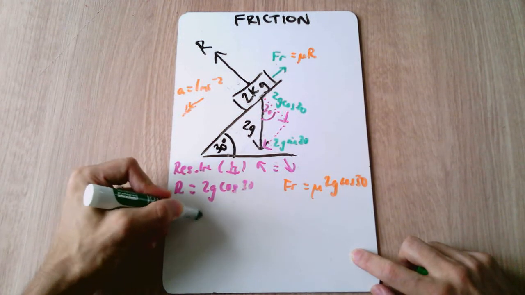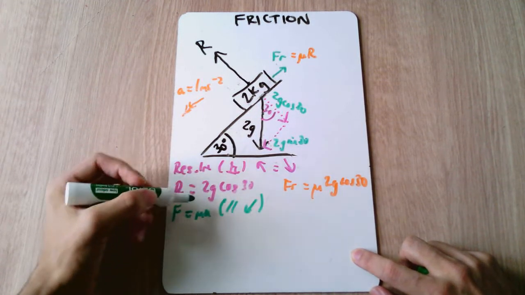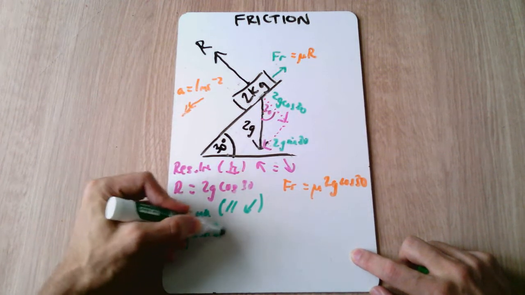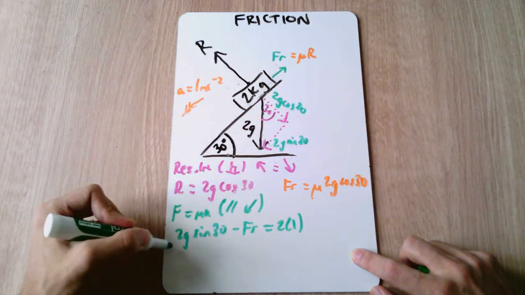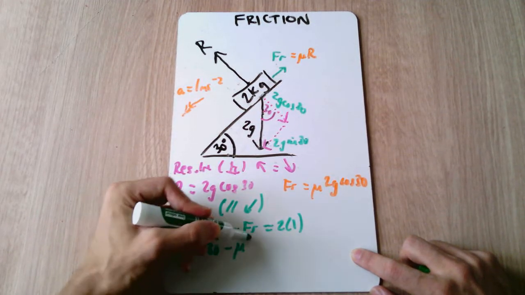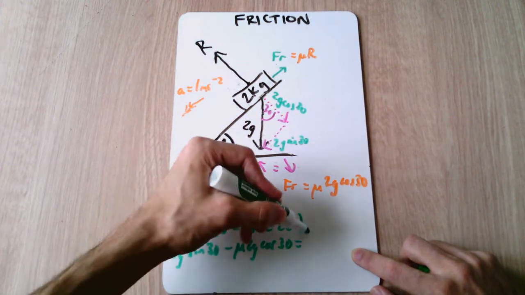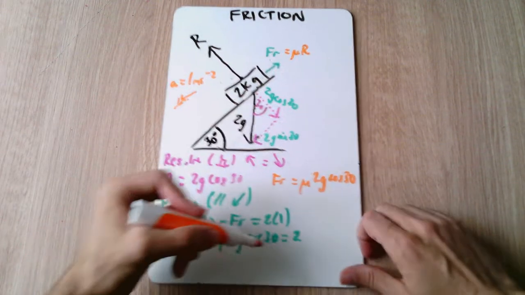So if we say F equals ma parallel to the slope and down the slope as positive, because it's moving in this direction, 2g sine 30 minus friction is equal to 2 times 1, and therefore 2g sine 30 minus mu 2g cos 30 is equal to 2 times 1, which is equal to 2. Now, if we rearrange this, we can get the value of mu on its own by bringing it to the right hand side and making it positive.